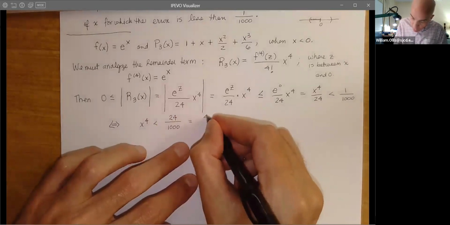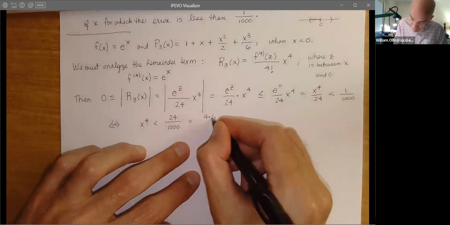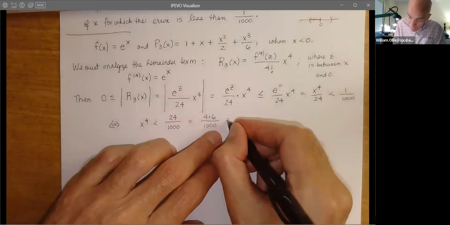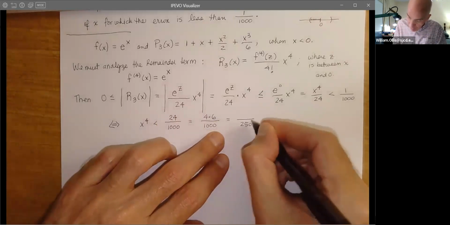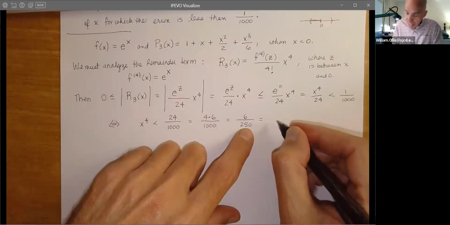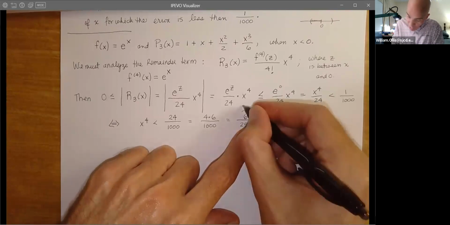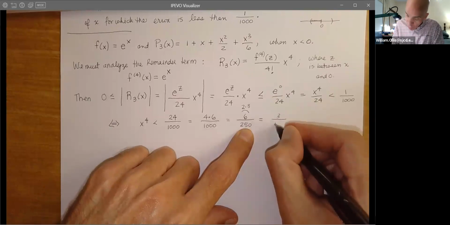This is 4 times 6 over 1,000. So we can divide by 4, and that'll give us 250. And then we can divide again by 2 and get 125, because this is just 2 times 3, right? So we get 3 over 125.